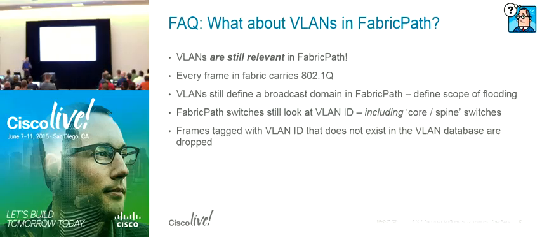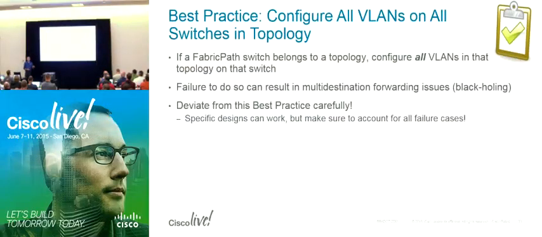Now, VLANs are used to make sure whether the multi-destination traffic is supposed to arrive at the switch or not. For example, if a given switch receives a multi-destination frame that belongs to some VLAN A, and that switch doesn't have VLAN A configured, it's going to drop it. So the recommendation here is to configure all VLANs on all FabricPath switches within a given topology.